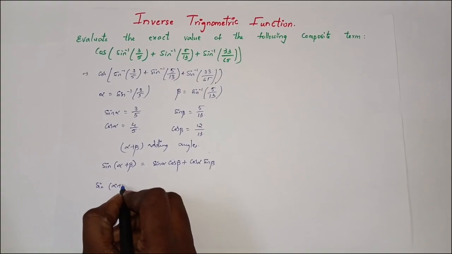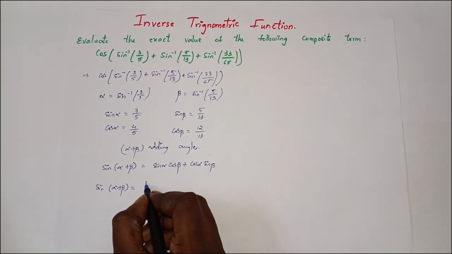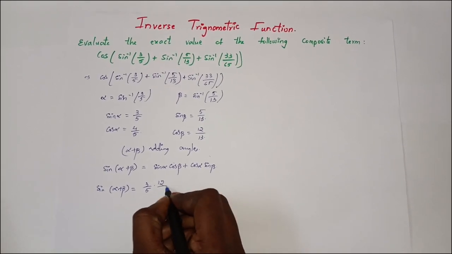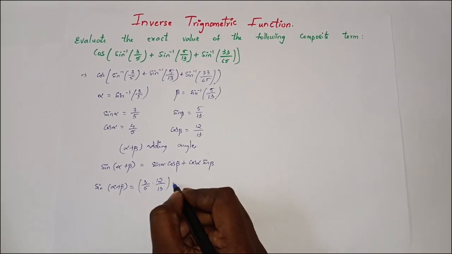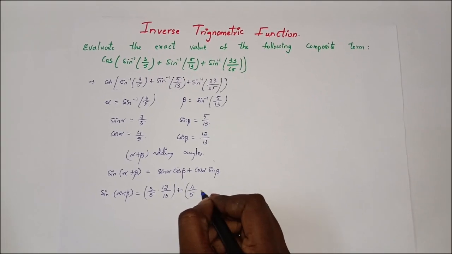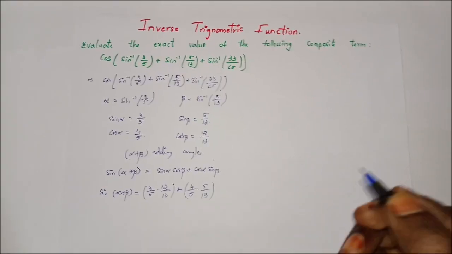Sine of alpha plus beta is equal to, what is our sine alpha now? 3 by 5, and cos beta is 12 by 13, plus cos alpha 4 by 5 into sine beta 5 by 13.